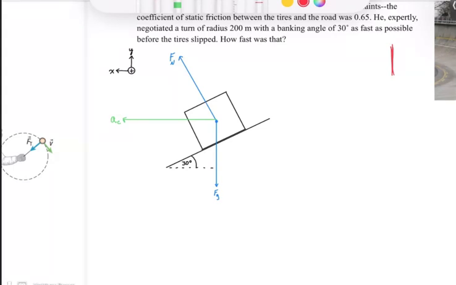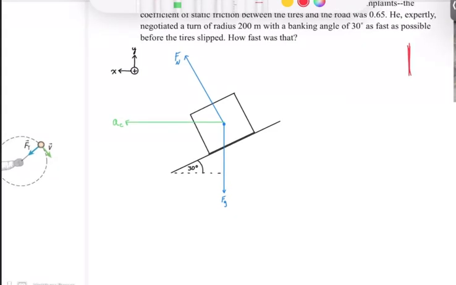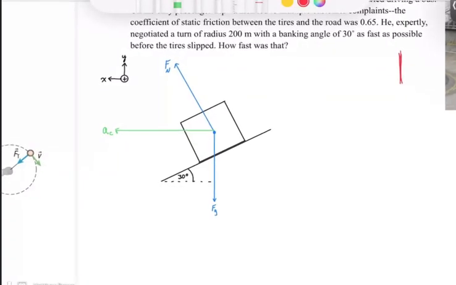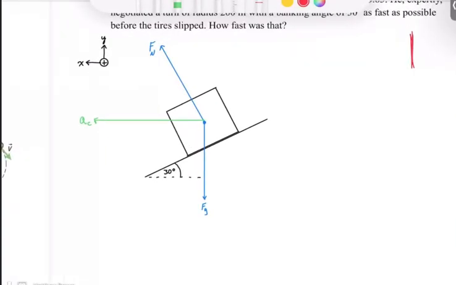I drew the acceleration, and the turn radius is 200, so I'll write that in there as well: R equals 200, the radius of the circle that this thing's going around. The only force I haven't drawn is friction. Okay, so what direction is friction?